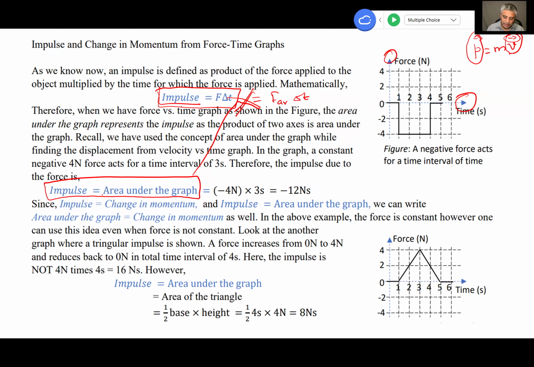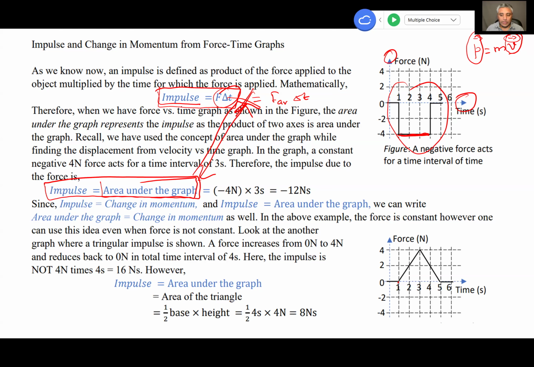Rather, always find the area under the graph. So this and that are going to be the same only if the force is constant, as in this case. But if force is not constant, it's going higher, coming lower, something like that, then if you use this product of force and time for the impulse, this is going to be incorrect.